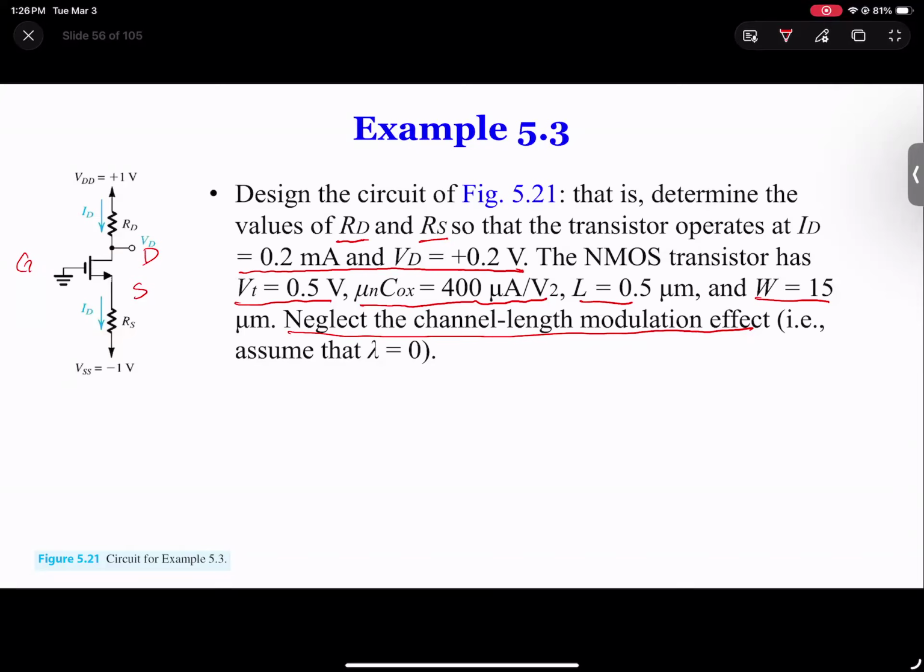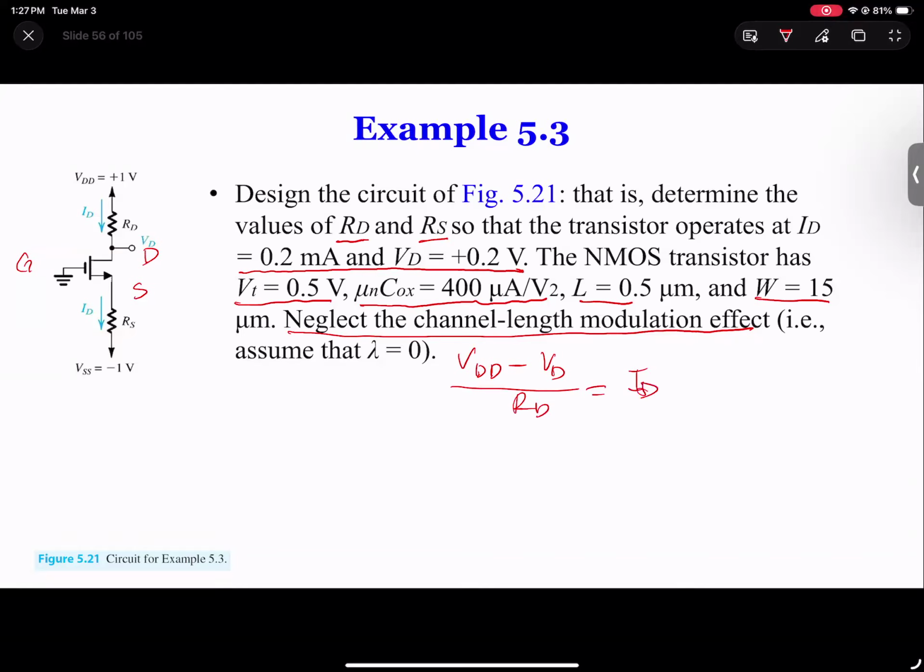Looking at the given conditions, VD is given, which is the voltage at the drain terminal, and ID is also given as 0.2. So from there we can already calculate RD, without needing to know anything about the transistor. How do you do that? We know that (VDD minus VD) over RD equals ID.